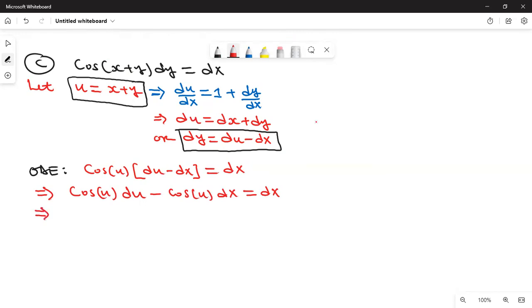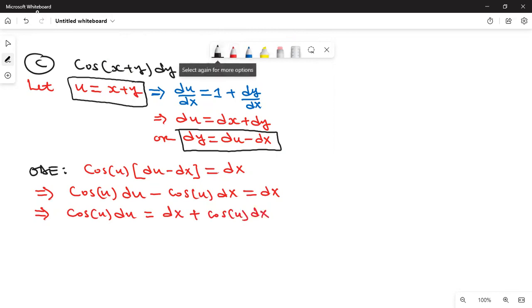You could write this as cos u du is equal to dx plus cos u dx.